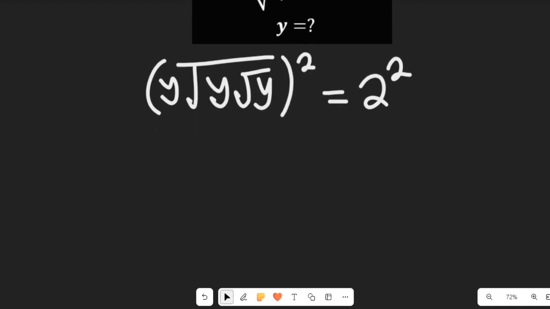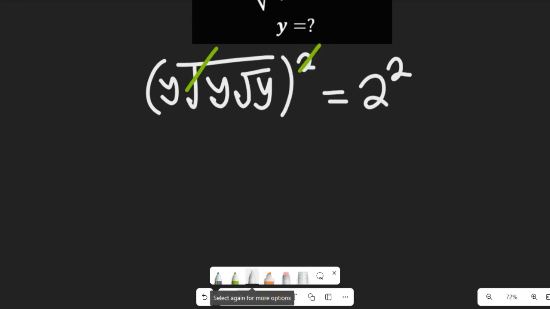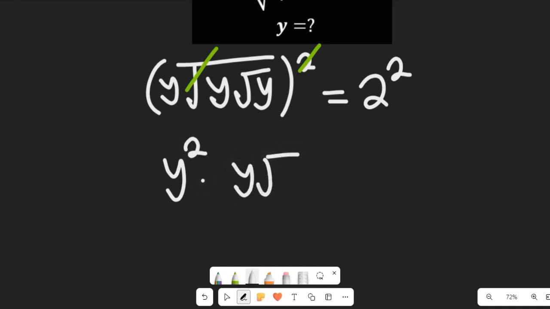In the next step, you'll come to see that this square will clear the square root, and we'll be left with y squared multiplied by y, the square root of y, and this will be equal to 4.